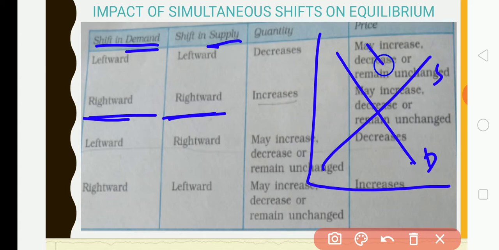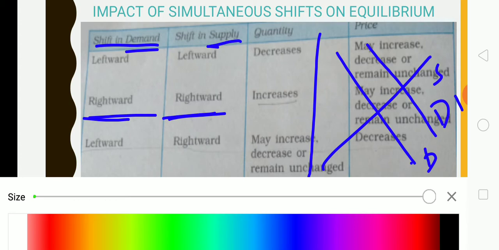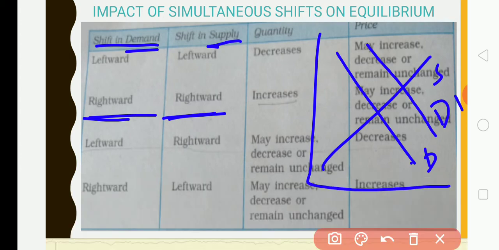So this is the right-shifted supply curve.